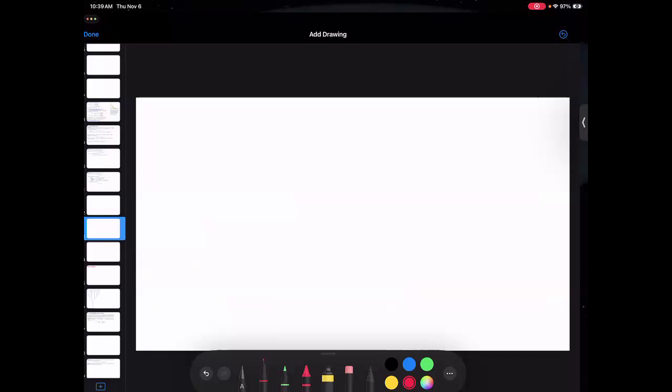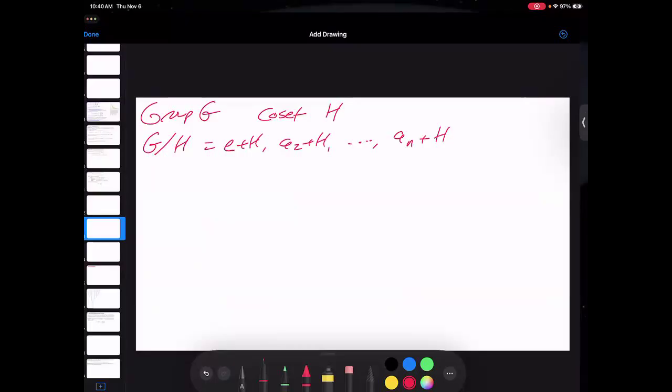So if I have a group G and a subgroup H, then I can look at G mod H, and maybe that's going to be e plus H, a2 plus H, up to an plus H. Every element in G is going to be in one and only one of these cosets. So the union for k from 1 to n of akH is going to be the group G.